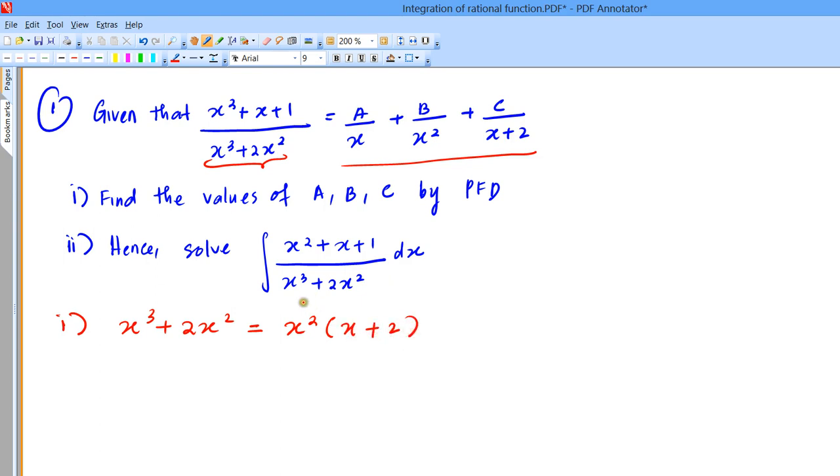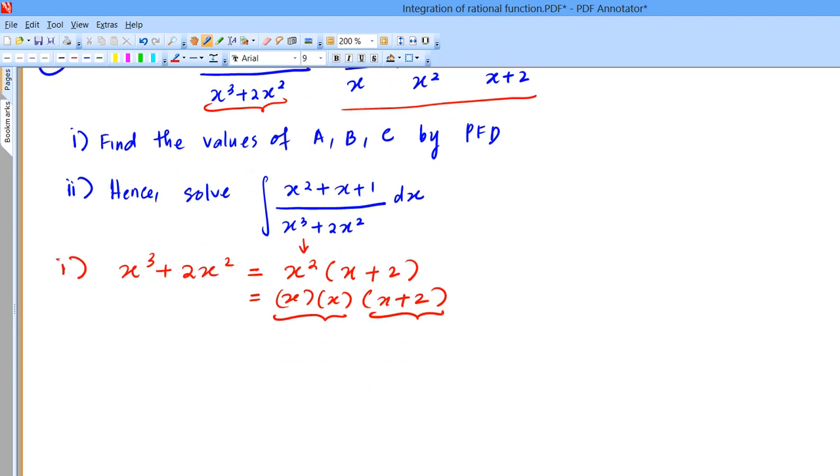Since x² is quadratic, but we can factor it, it equals x times x. So here we have repeated linear and non-repeated linear factors. So we have two types.